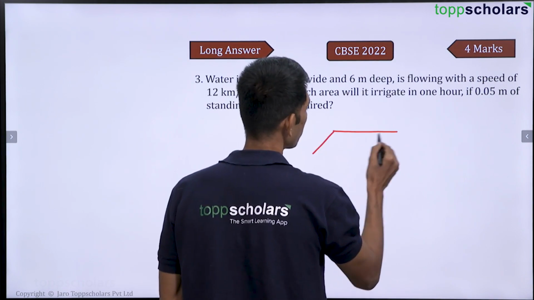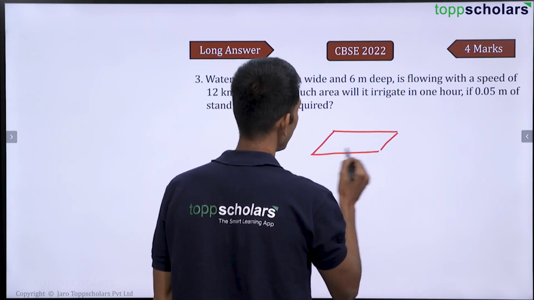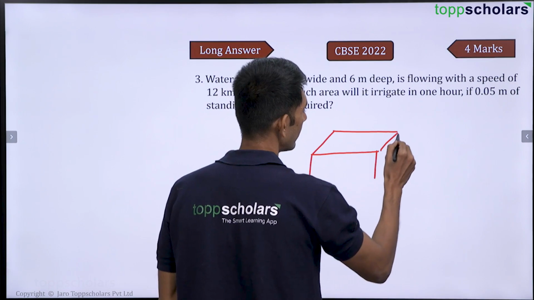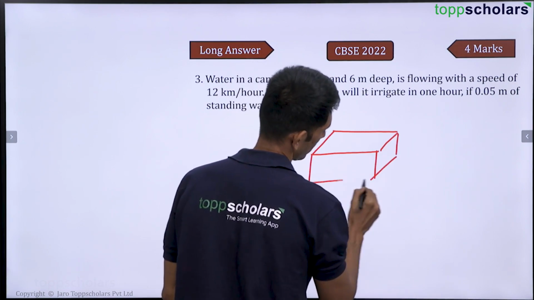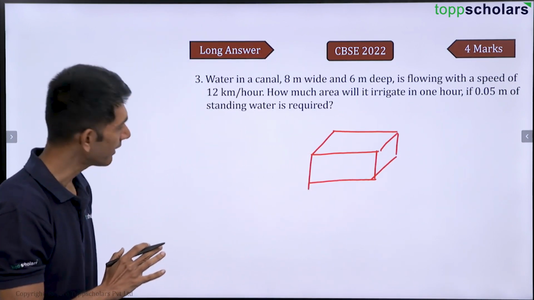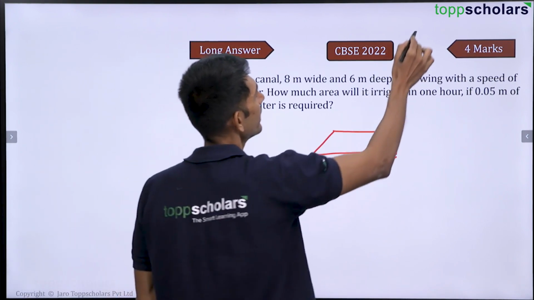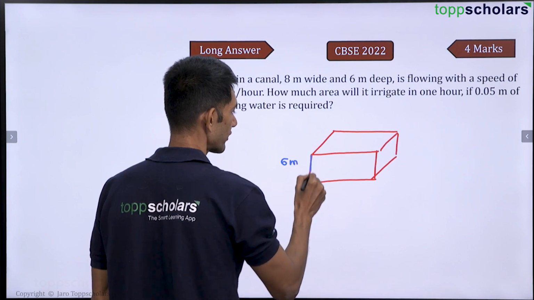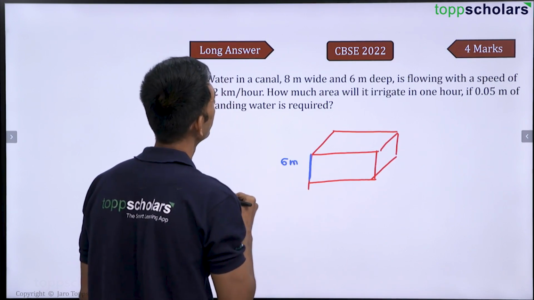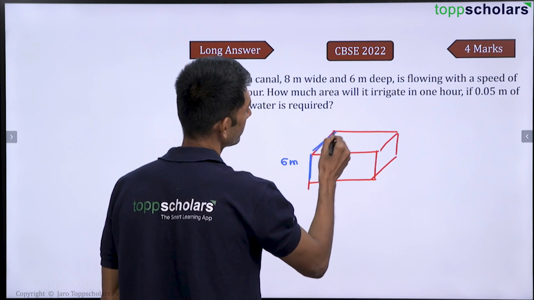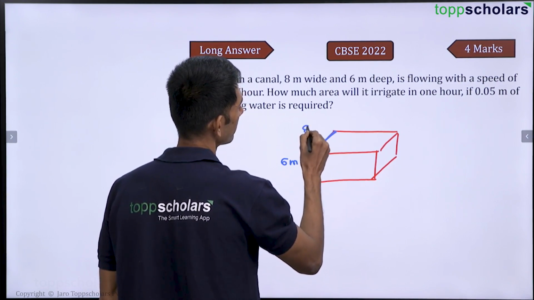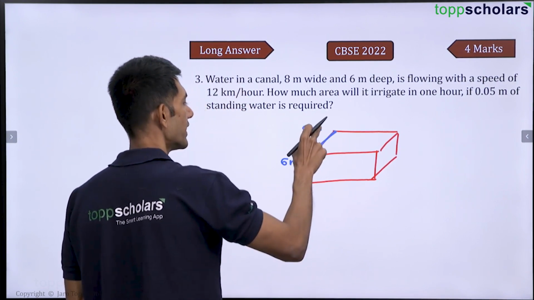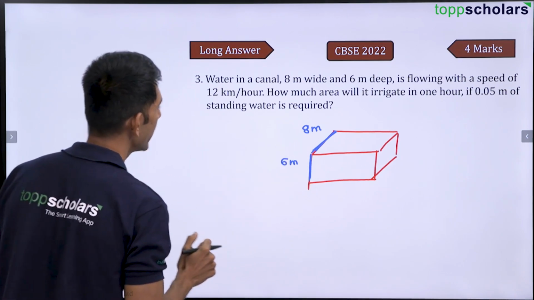This is definitely not a pipe. That means it is not a cylinder. So there is a canal like this, and in this particular canal they are saying it is 6 meters deep and it is 8 meters wide. So the width and the depth is given.